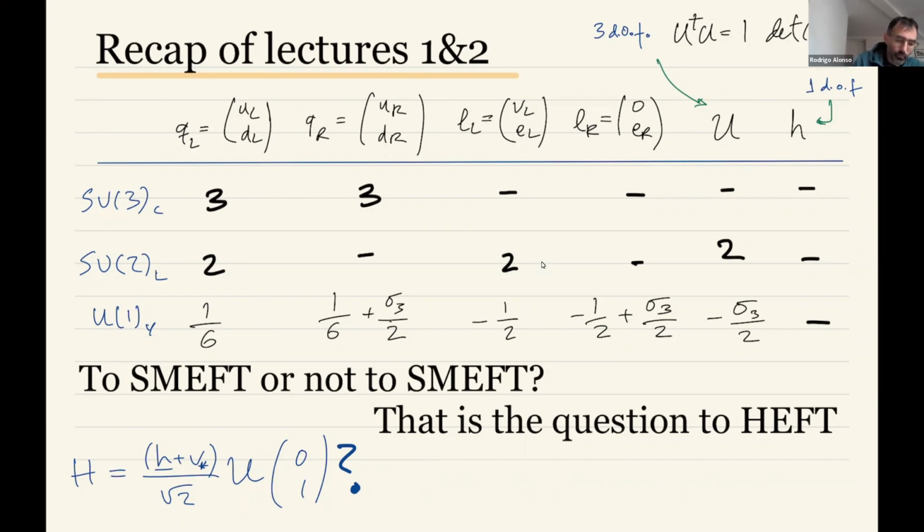And you can see that there's 3 degrees of freedom, for example, from the constraints of this 2 times 2 matrix being unitary and having determinant 1. That will give you 3. And it transforms with the Pauli matrices on the left and the third Pauli matrix on the right when it comes to hypercharge.